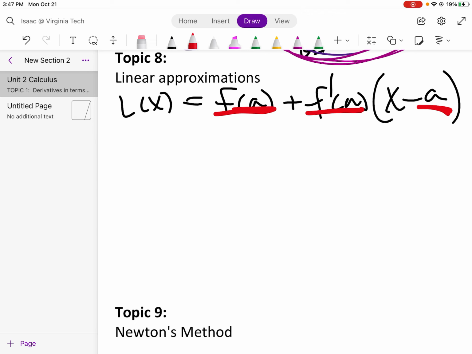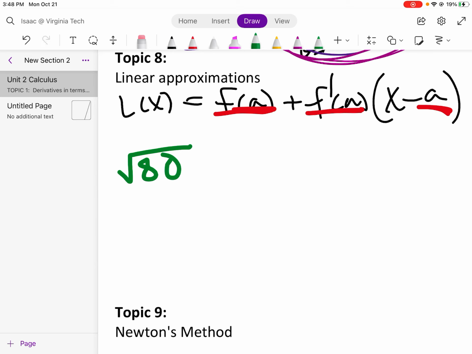Well, to understand this, let's create an example, like what I said before: the square root of 818. Actually, let's not do that, because that's too crazy. How about just the square root of 80?